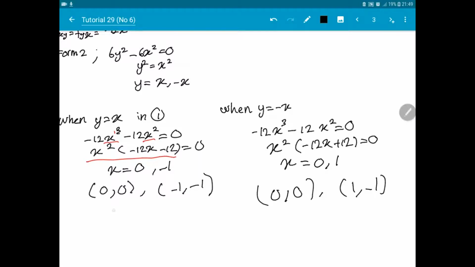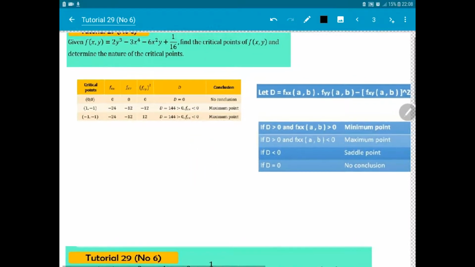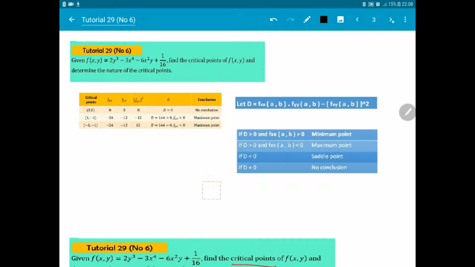With all the points that we get, we need to determine the nature. So we have to make a table.